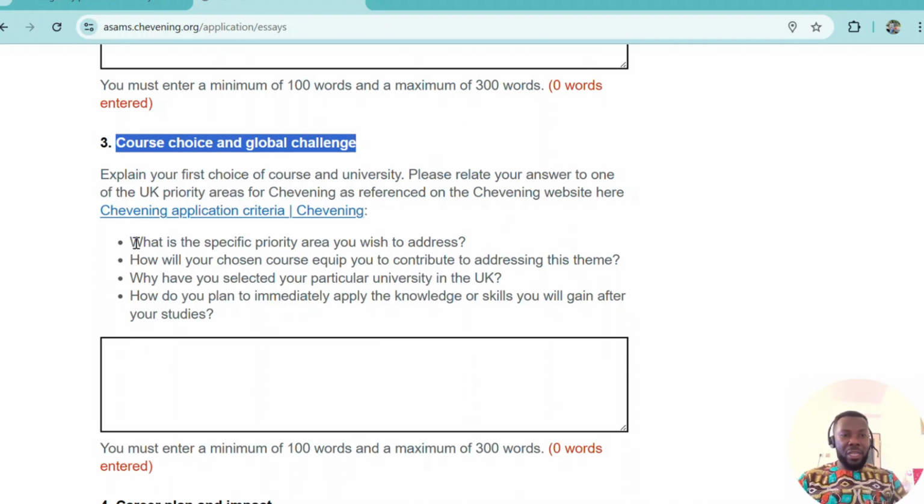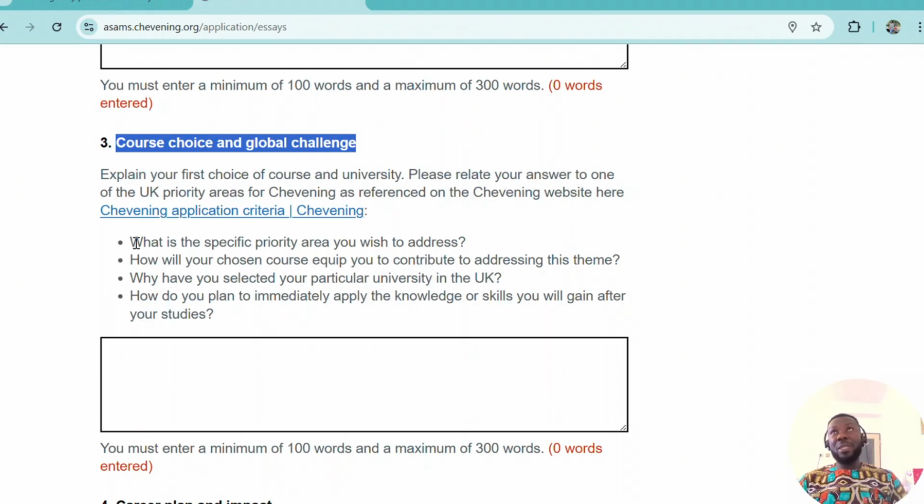And the second question, how will your chosen course equip you to contribute to addressing this theme? Of course, if you're already working in the field and you have already attained superficial knowledge through your undergraduate studies to enable you to pursue an advanced program in this field, in the climate change field whatsoever, then it is assumed that you're going to acquire advanced knowledge and skills, tools, and research that will facilitate your ability to dive into the nitty-gritties of the subject area and be able to offer professional advice or expert opinion to influence policies and stuff.